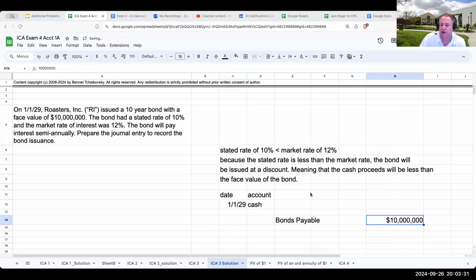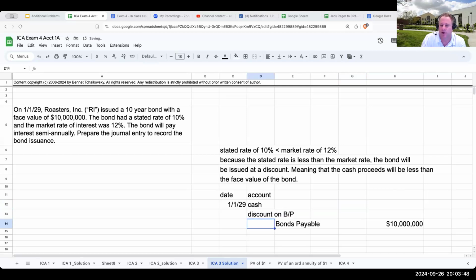Now, the cash I know is going to be less than the face value. Why? Because the stated rate on my bond is less than the market rate of interest. So my other entry is going to be a debit to discount on bonds payable, to record the bond issuance.